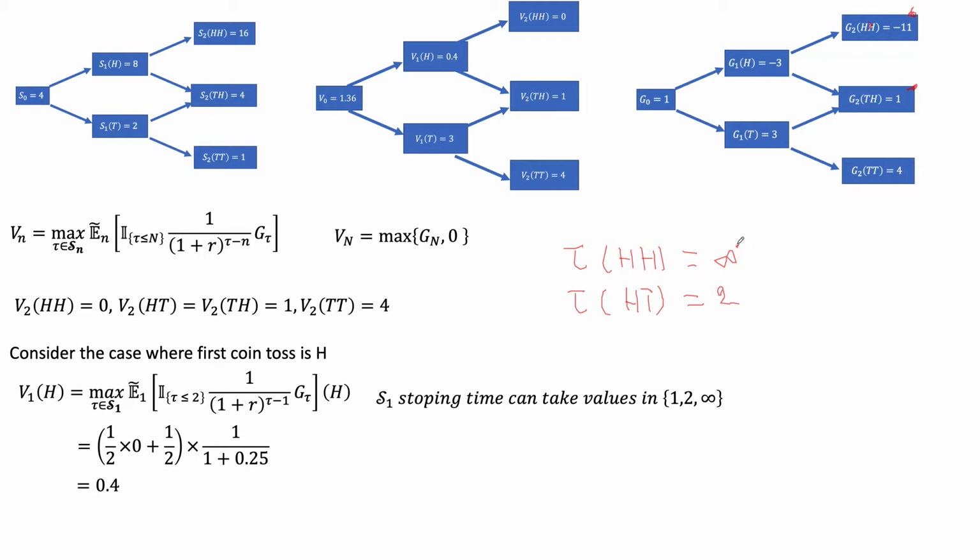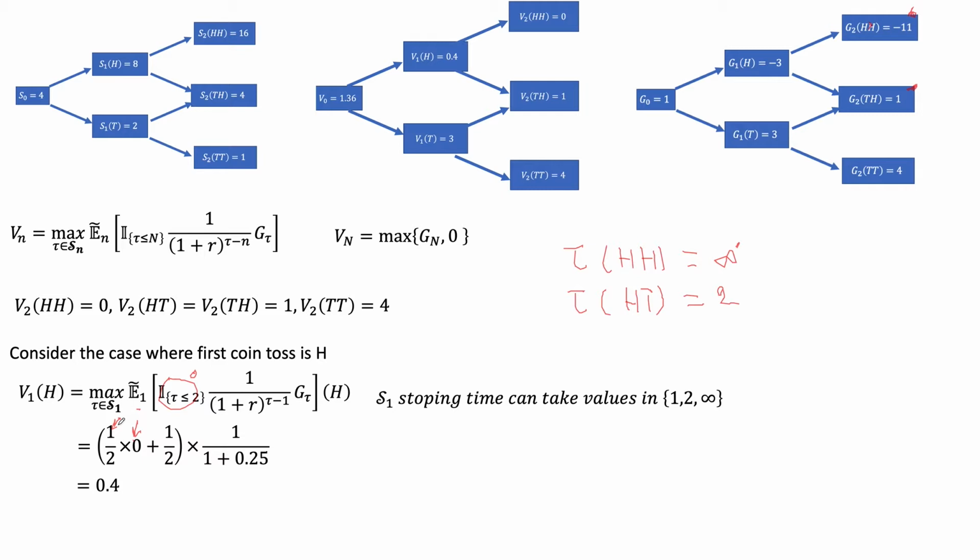So in that case, this thing will be 0, the indicator function will be 0. That's where this 0 is coming from. And we're taking the expectation. We know the probability of going up, and those are equal to 1.5. So that's where this is coming from.